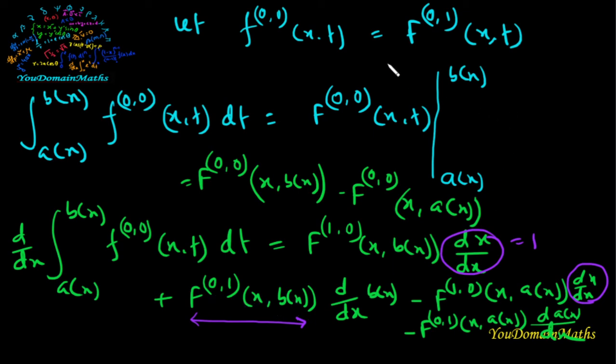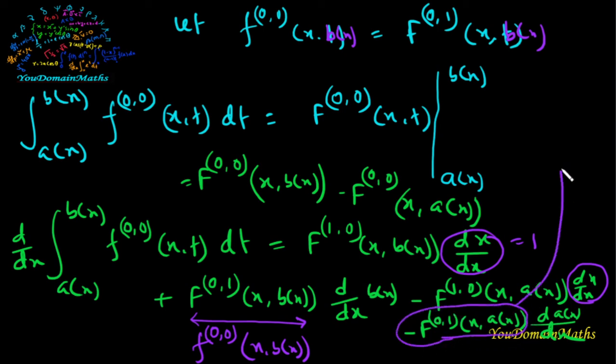That means this represents the same as this. If we write b of x and b of x, this is the same case, so we can write it as f of 0,0 and x comma b of x, and similarly for this function.